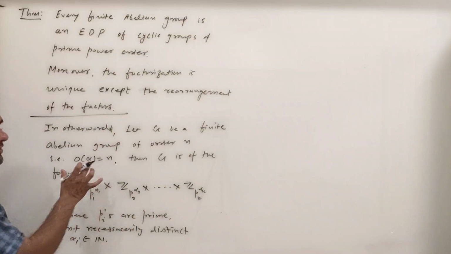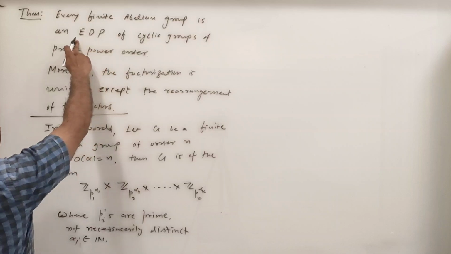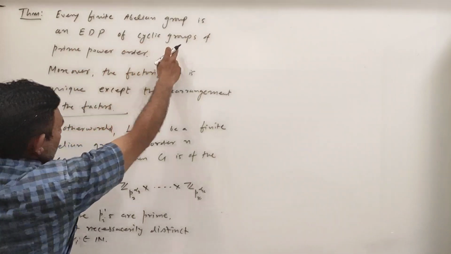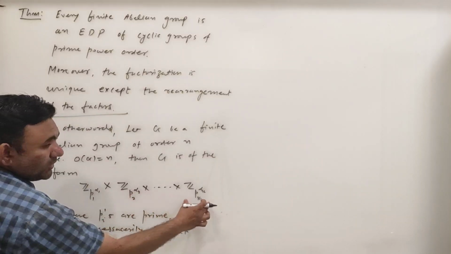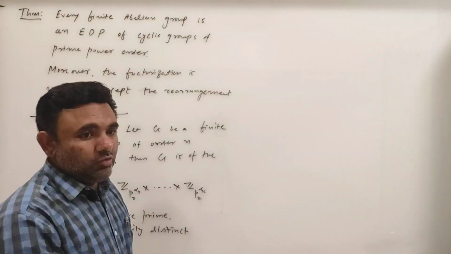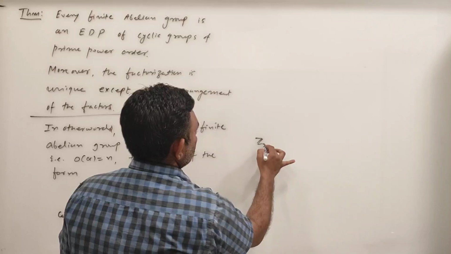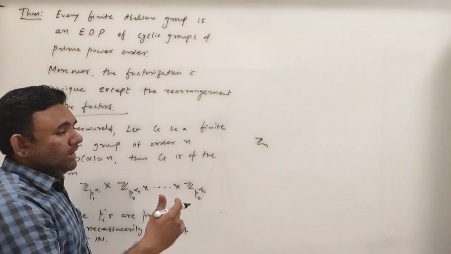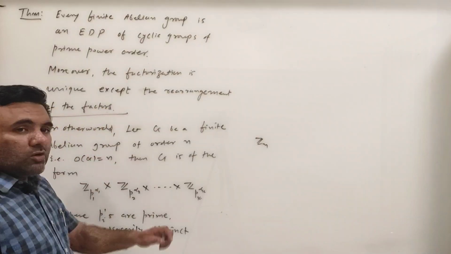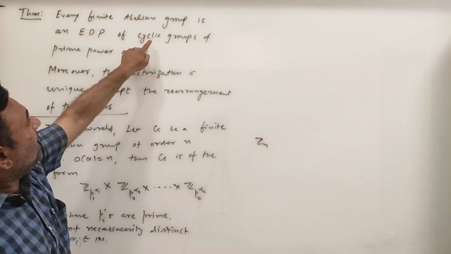Then it is an external direct product of cyclic groups, and any cyclic group is isomorphic to some Zn, right? If it is infinite, then it is isomorphic to Z, but we consider only finite cyclic groups, right? So it is an EDP of finite cyclic groups.